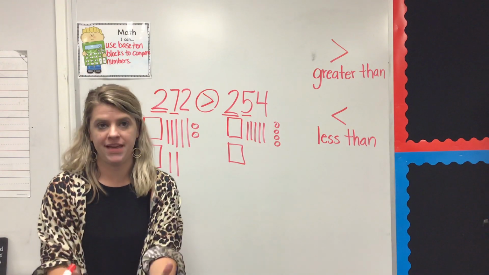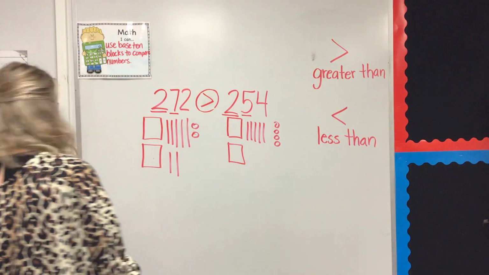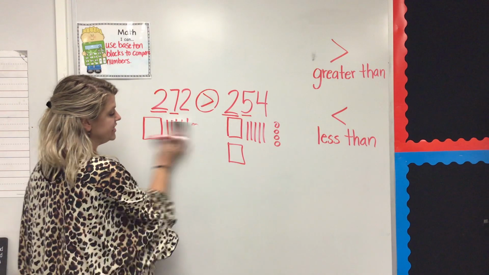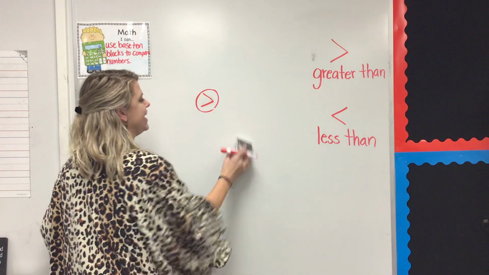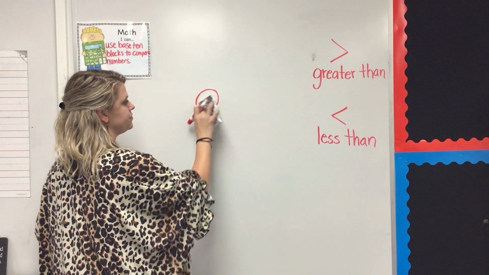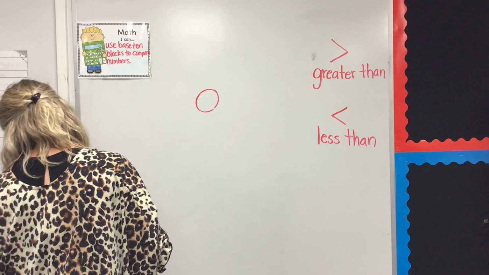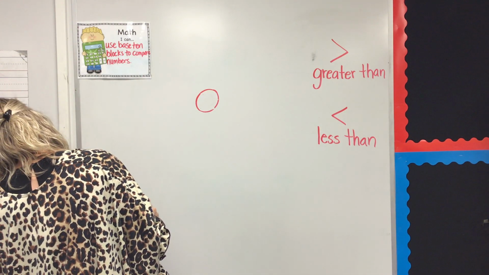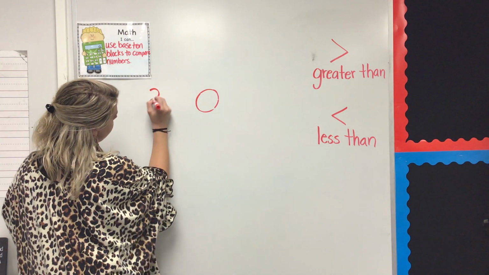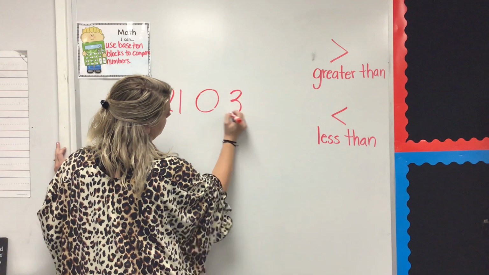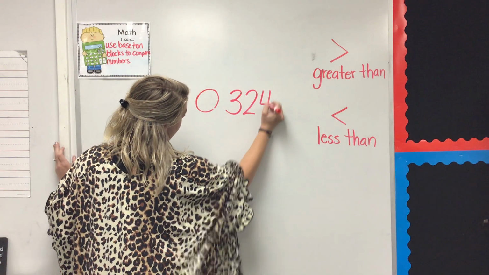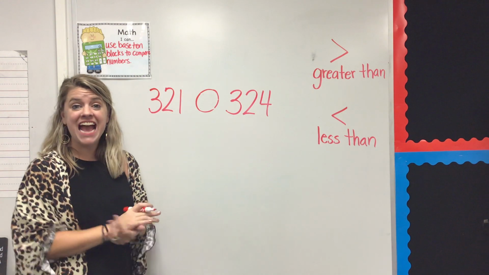But what happens if the numbers have the same digit in the hundreds and the tens? Make a guess. What's going to happen if we have a number like this?